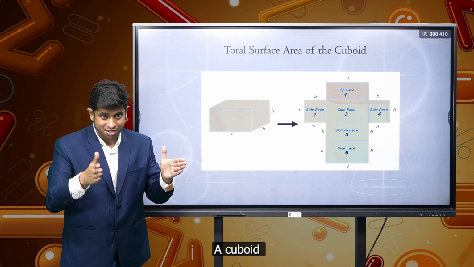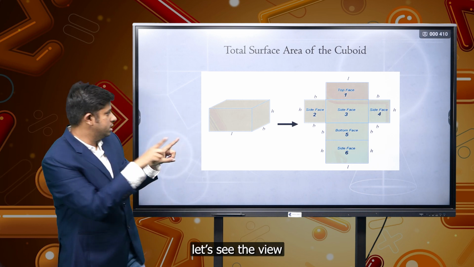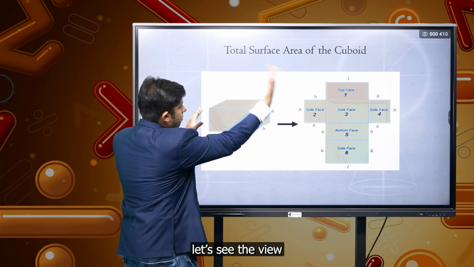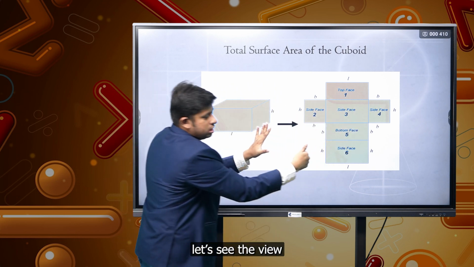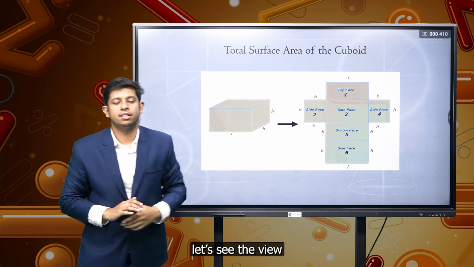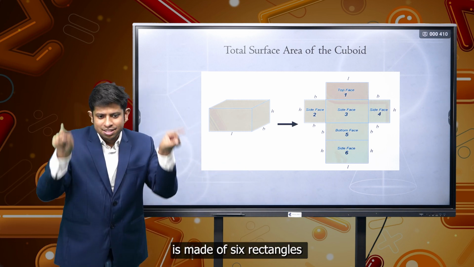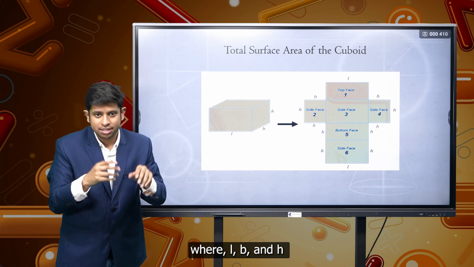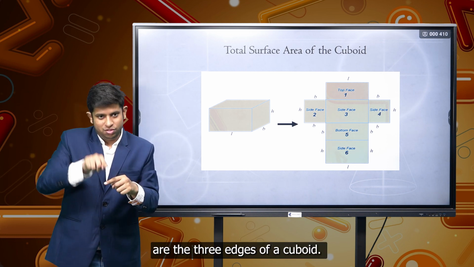A cuboid when opened. Let's see the view. The figure above shows that a cuboid is made up of six rectangles, where length, breadth and height are the three edges of a cuboid.